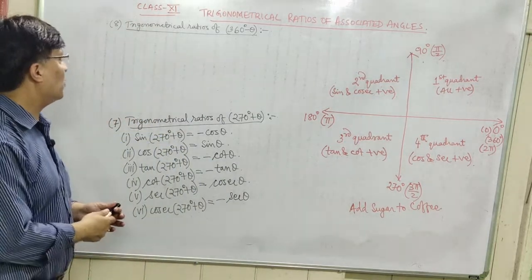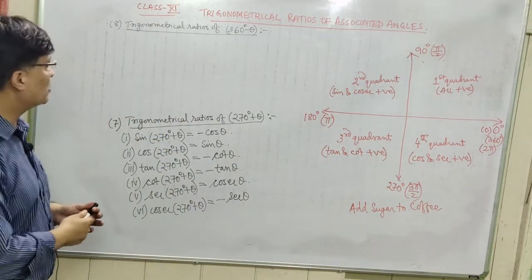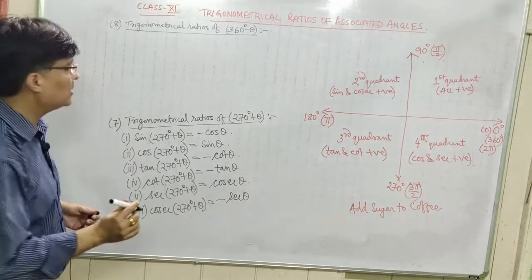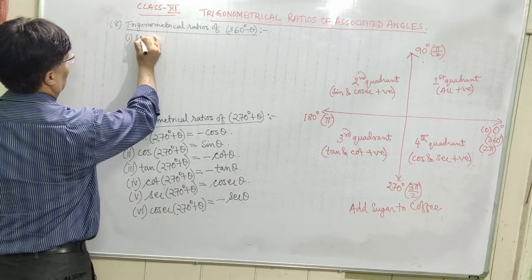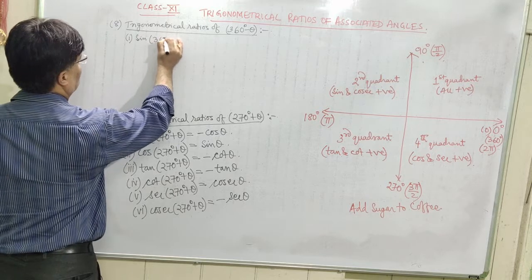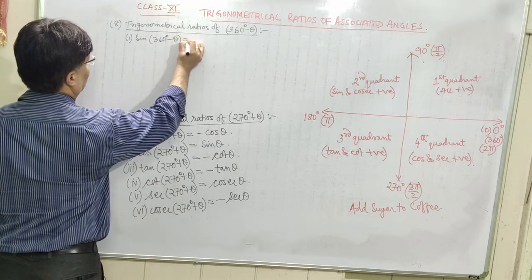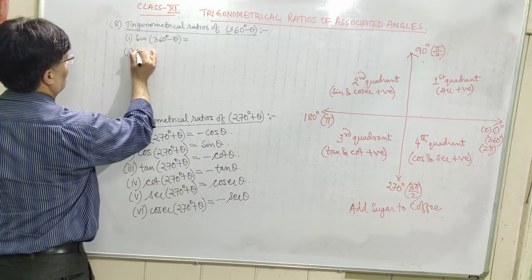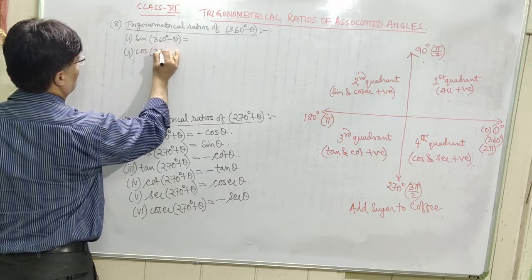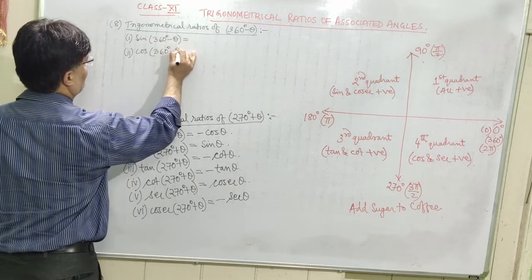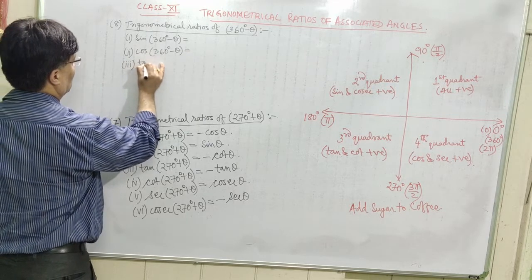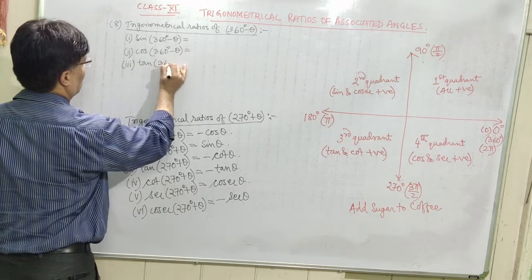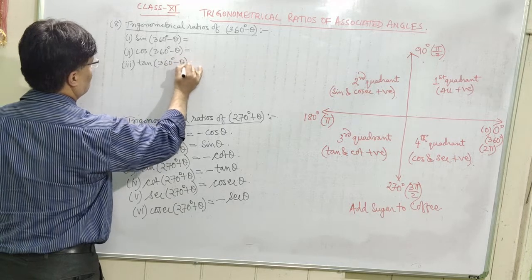Now we will write down the formula for number 8, that is trigonometrical ratios of 360 degree minus theta. Number 1, sine 360 degree minus theta. Number 2, cos 360 degree minus theta. Number 3, tan 360 degree minus theta.